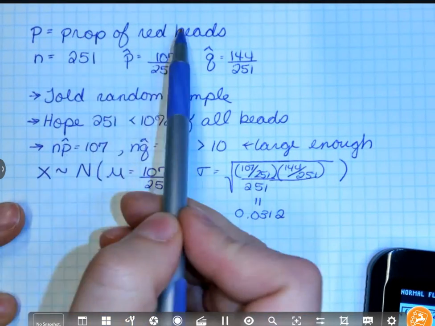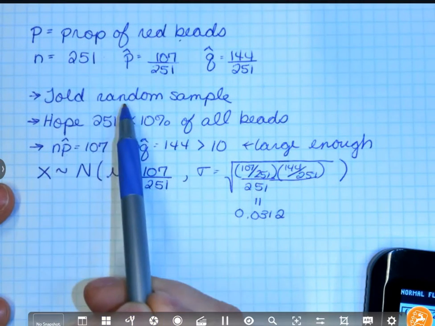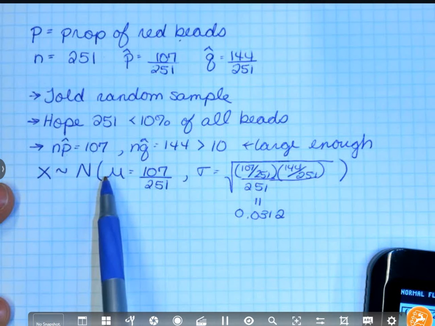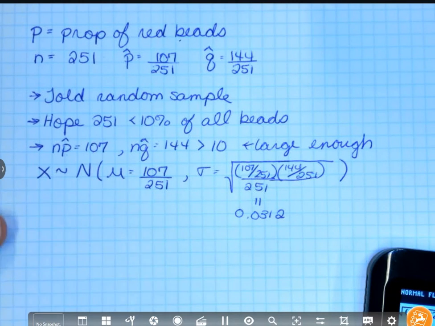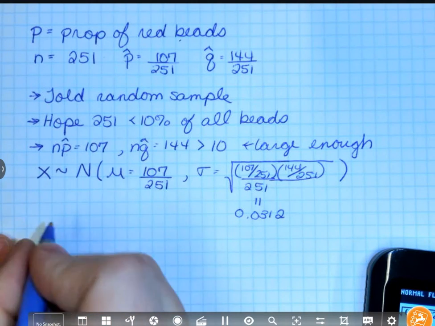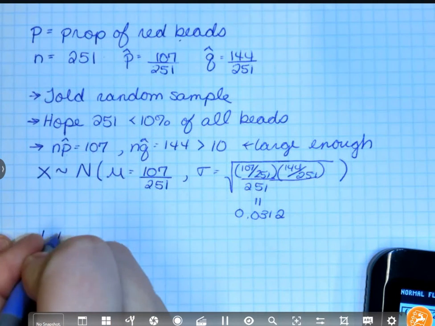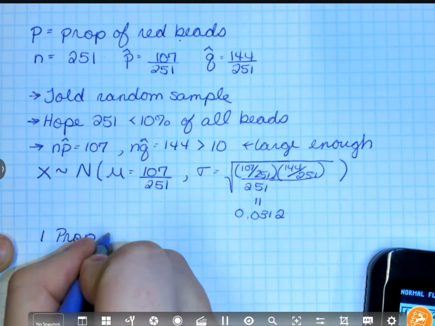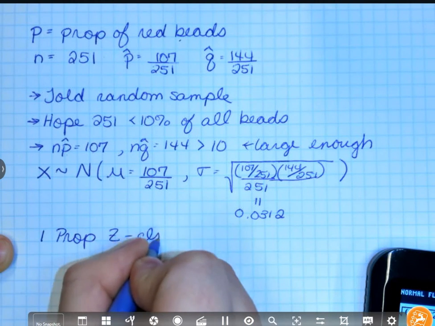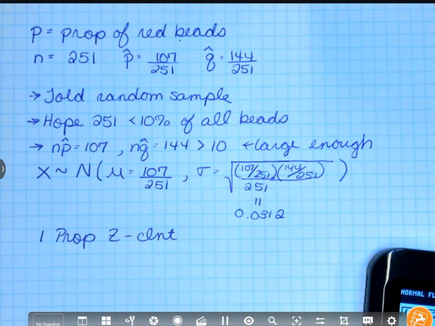So we've identified what we're talking about, our bits and pieces, our assumptions and conditions, our model. Now what? Name the test. What we're doing right now, we only have one to choose from, and that is that we are going to do a 1 proportion z interval.